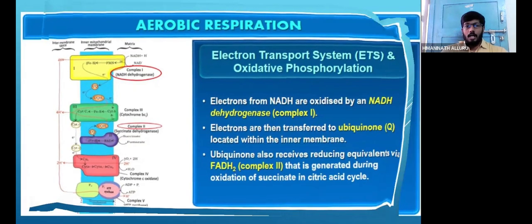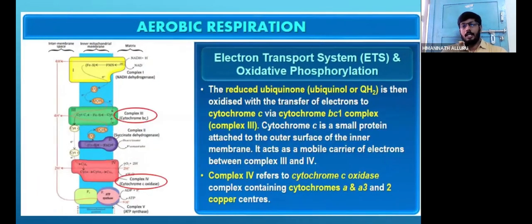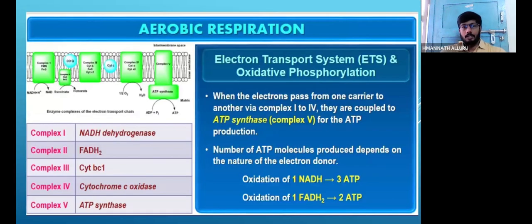And at last, the proton gradient is created, that leads to the formation of ATP synthesis. The fifth complex is going to use that gradient, that electrochemical gradient, using that potential energy, ATP synthesis is going to happen.